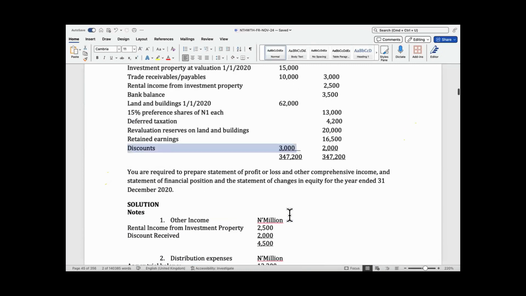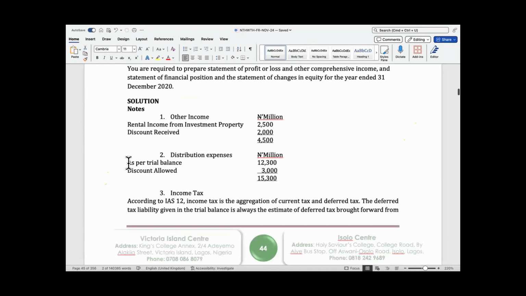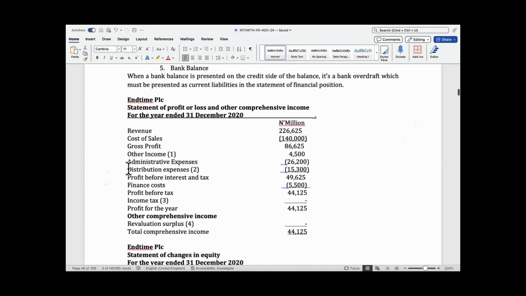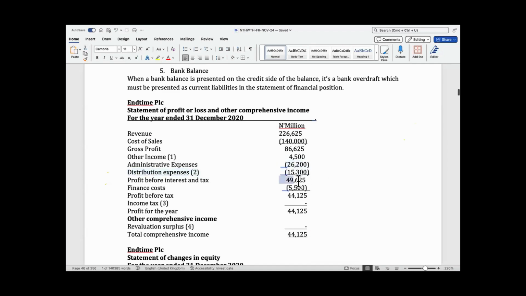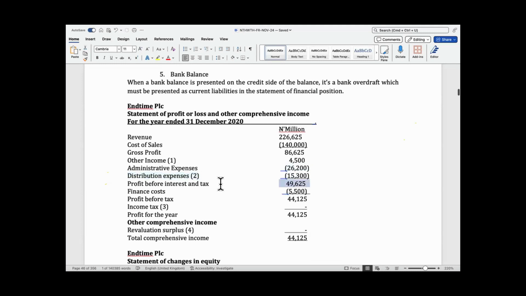As per trial balance 12,300, discount allowed 3,000. So I have my distribution expense 15,300. By the time I add my other income, remove my admin expense and my distribution expense, I will have my profit before interest and tax, PBIT.